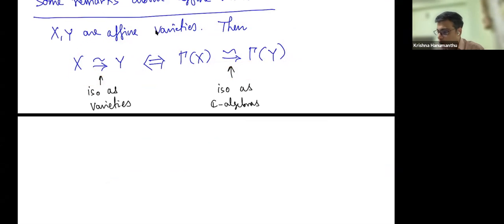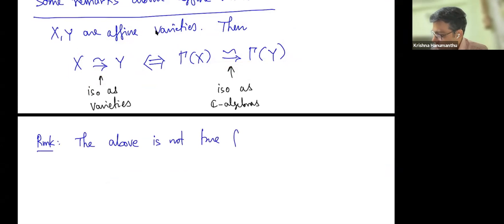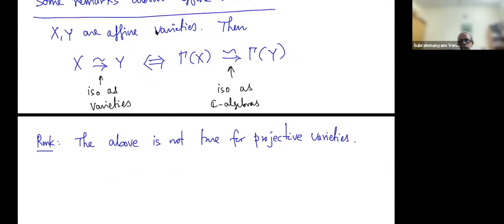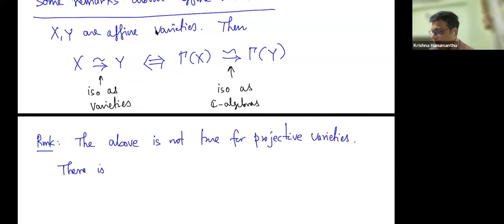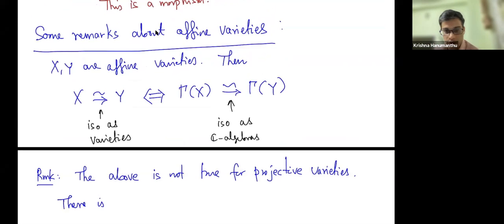Okay, and this is of course not true. This is my earlier remark which I wanted to make. The above is not true for projective varieties. So the problem here is something I tangentially commented on in the last lecture. I said that the coordinate ring is an intrinsic object attached to an affine variety.